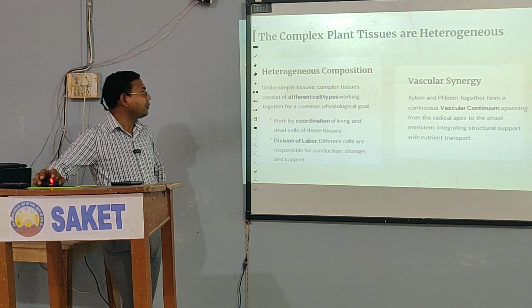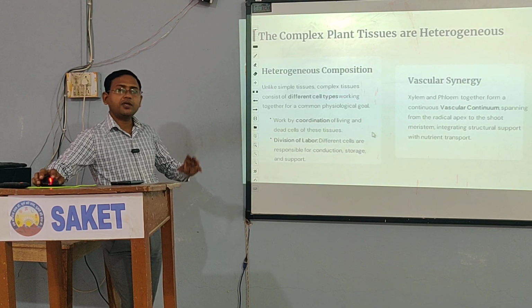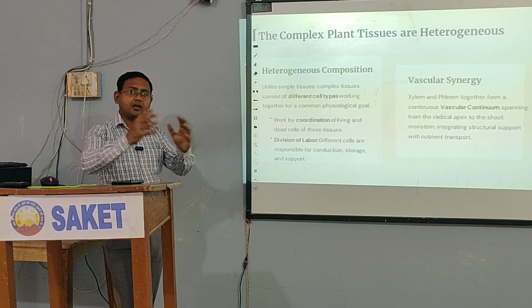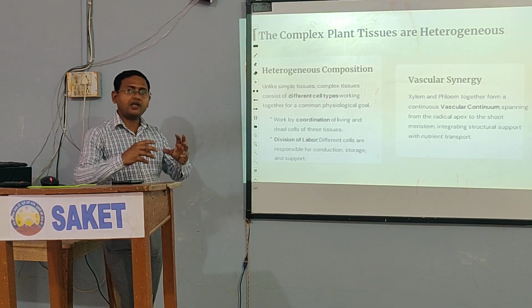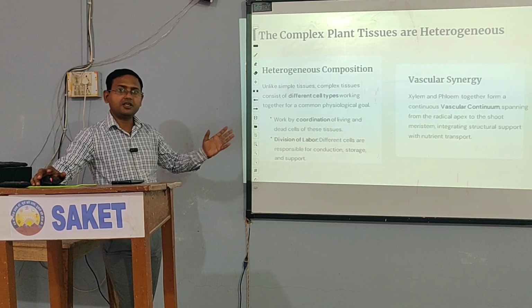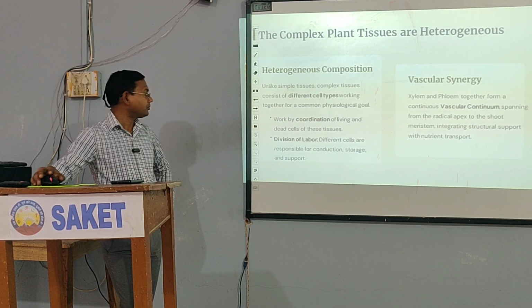Ultimately they have to perform a common physiological function in coordination, meaning they perform their function together. It is not like one cell is doing something and another is disturbing the other. No, all are working in coordination.